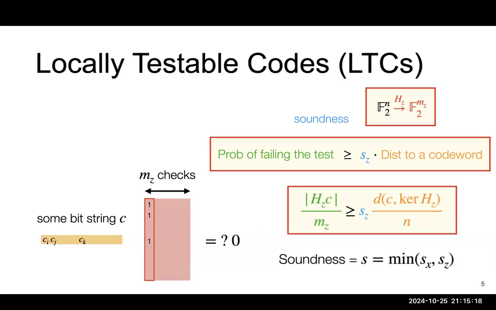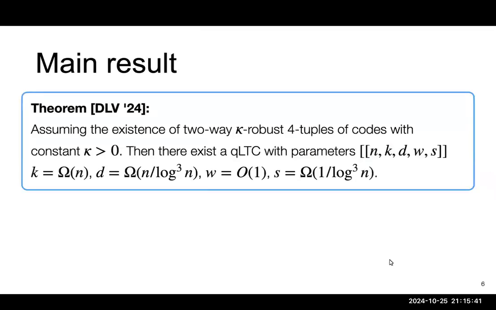For a quantum code, since there are two parity check matrices, the soundness of a quantum locally testable code would be the minimum of the two soundness parameters for the individual parity check matrices.